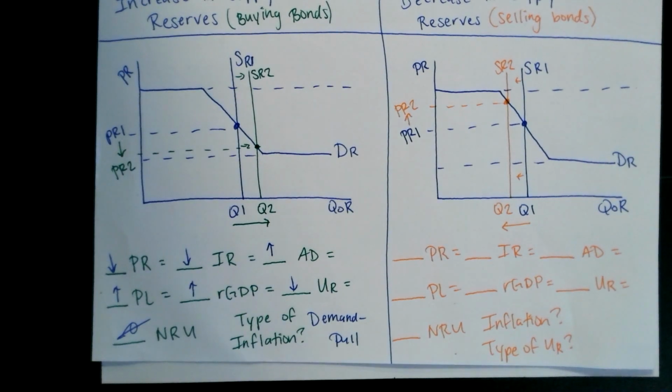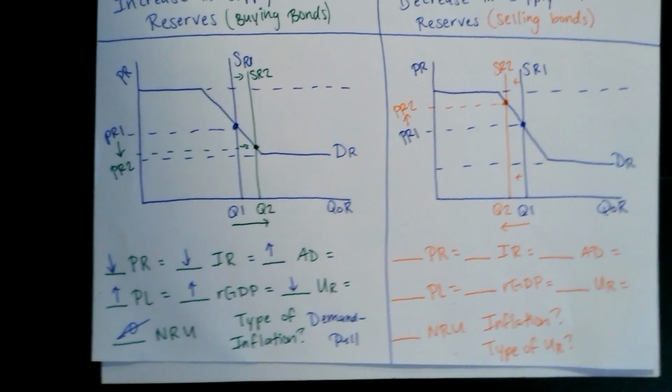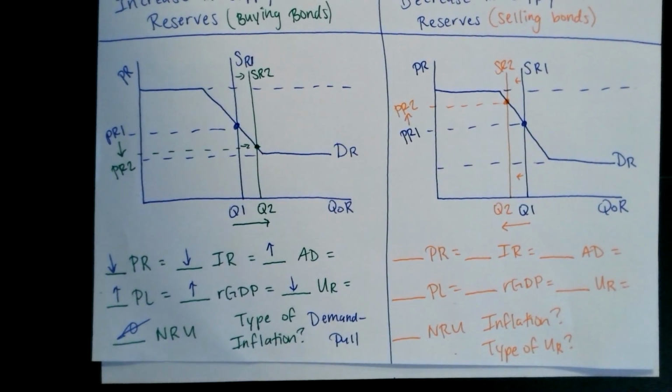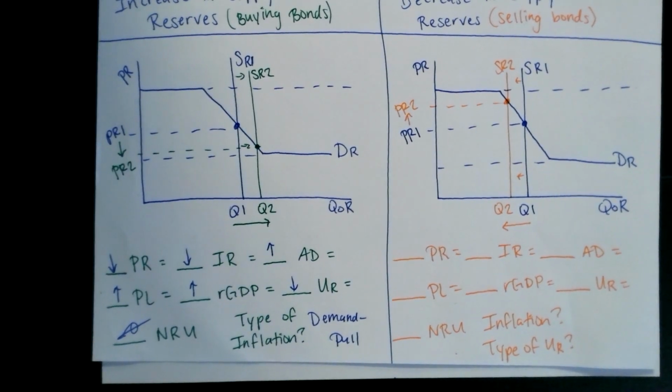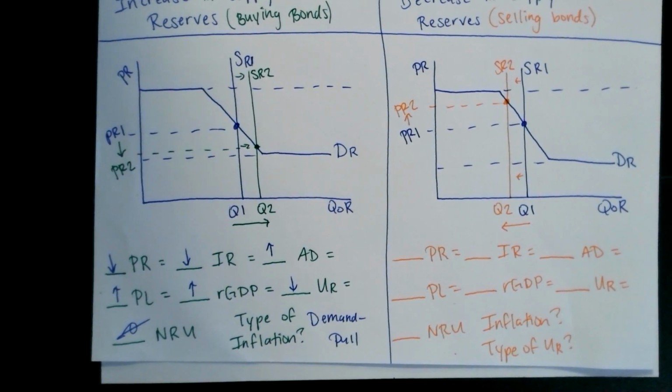Pressure goes up. AD goes down. So, AD, as you can see on the graph, goes down. And price level down.